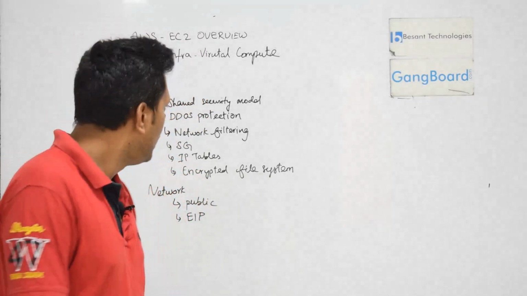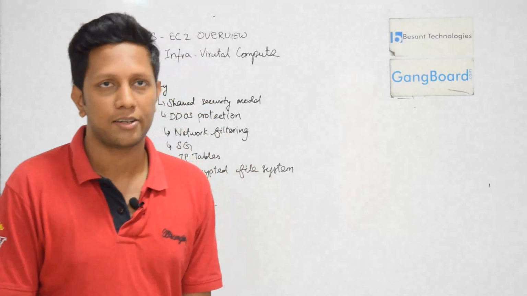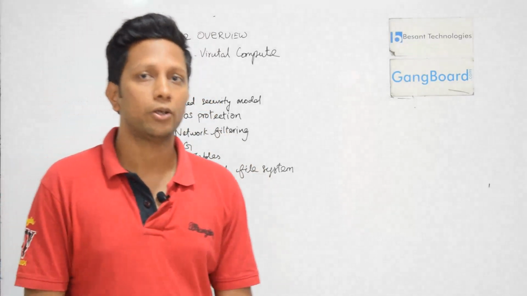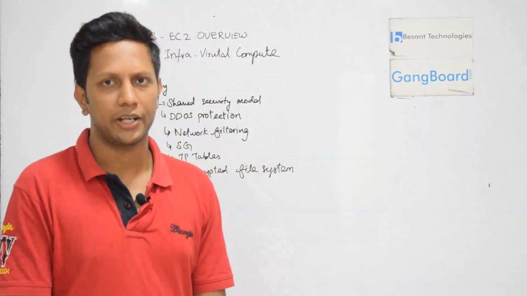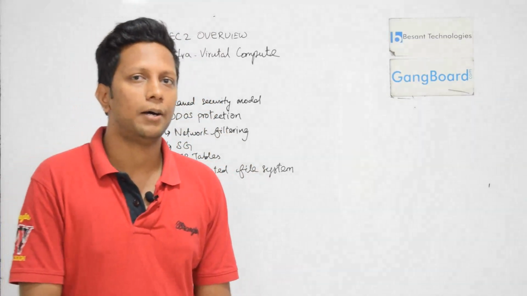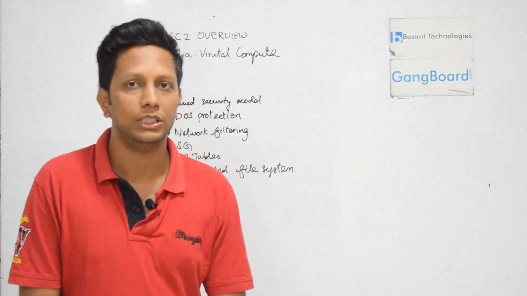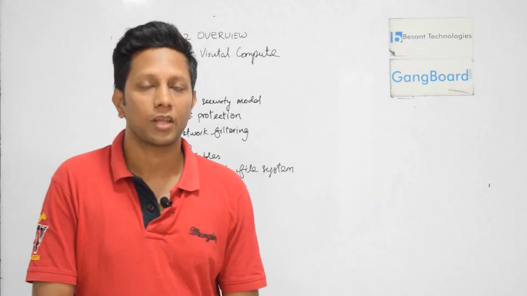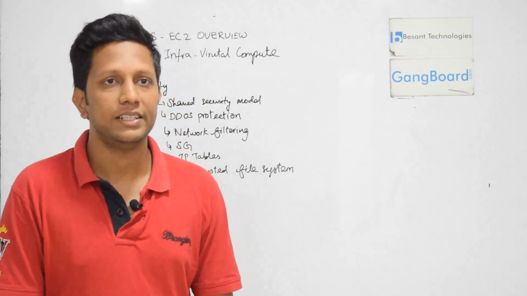Network filtering. When you set up an EC2 instance, you just have to define where it is going to reside in your multi-tier architecture. If it is a web server with an EC2 instance residing on it, and it is public facing, then it requires internet access.